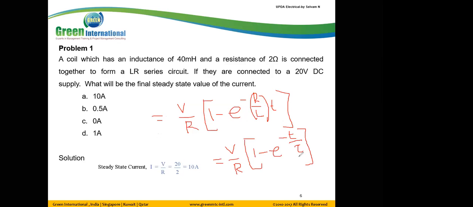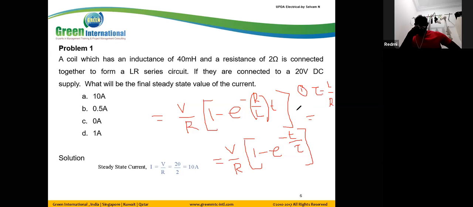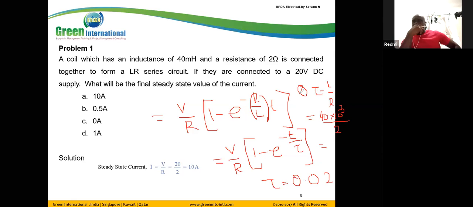First step, we find the tau. Tau is equal to L by R, which is 40 millihenry divided by resistance 2. So we get the tau value 0.02 seconds.